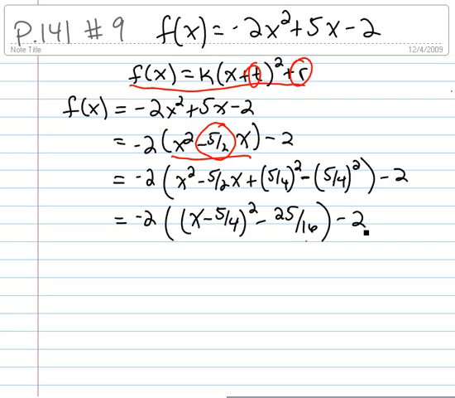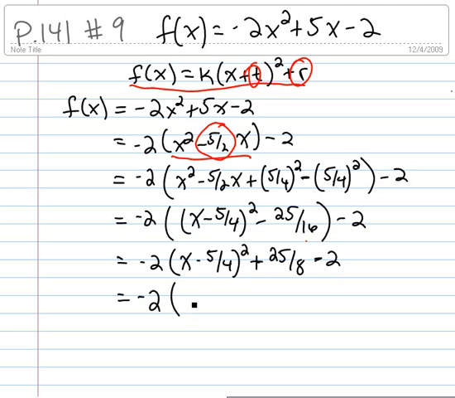Now distributing the negative 2 times x minus 5 fourths squared minus, now negative 2 times a negative 25 sixteenths is going to give me a positive 25 eighths, minus 2. And now noting that 2 is 16 eighths, I get negative 2 times x minus 5 fourths squared, and 25 eighths minus 16 eighths is what, a positive 9 eighths.